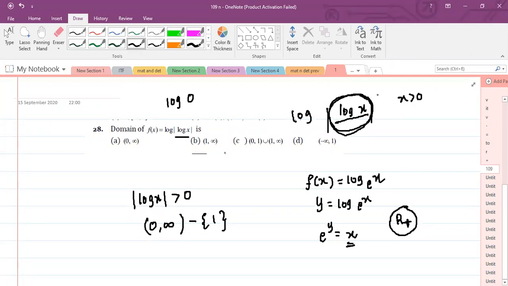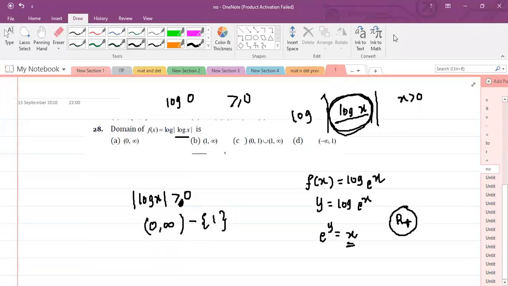Since it is modulus, it is greater than or equal to 0, but we don't need the equal to part, because log 0 is not defined. Therefore you need to take out the equals symbol, that is 0 to infinity minus singleton 1.